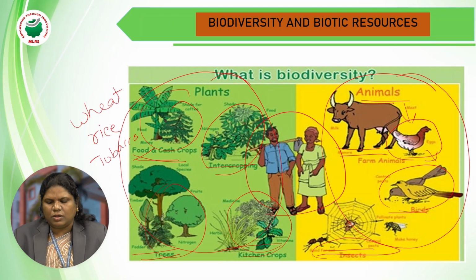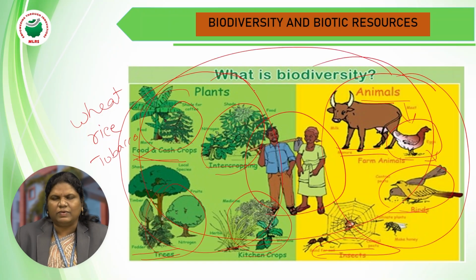These all come under biodiversity, from different types of microorganisms to large animals and plants. The human being is also called a social animal, and he also comes under biodiversity.